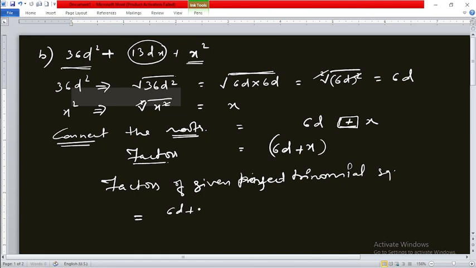It means 6d plus x is to be squared. Now you get two factors: 6d plus x and again 6d plus x. These two are multiplied to give you the same expression which is given to you in front of you.